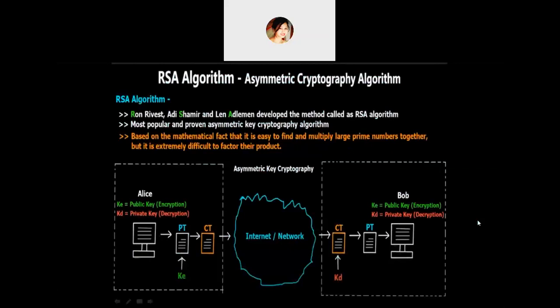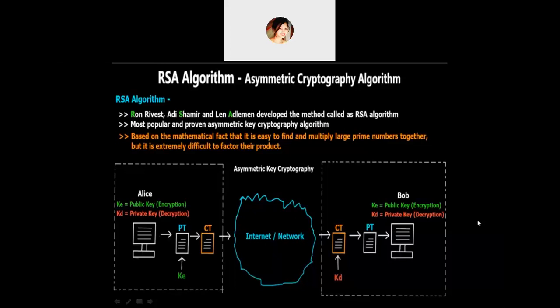When I'm talking about the RSA algorithm, you have to know what asymmetric cryptography is. The RSA algorithm comes under asymmetric cryptography algorithms. Do you remember what symmetric and asymmetric algorithms are? Symmetric has one key.